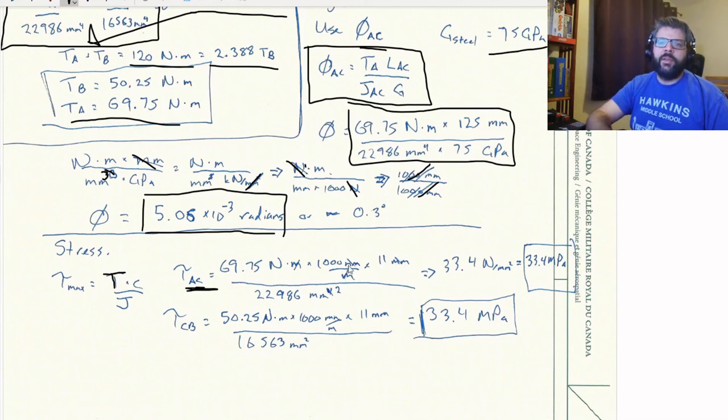So again, these canceled out. This cancels out one of them. This cancels out another one of them. So we're left with, in terms of units, newtons per millimeter squared, and then obviously the numbers multiplied together.